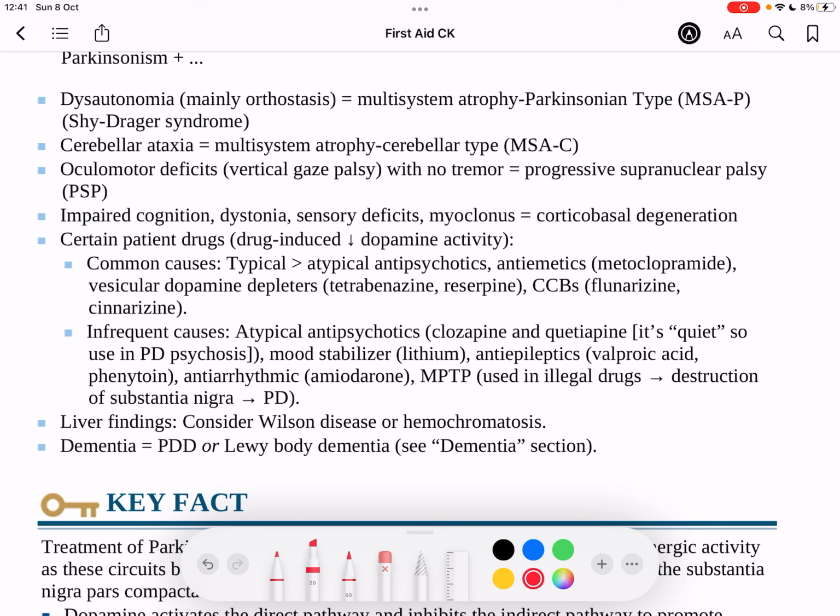So we have something called multiple systems atrophy, which is MSA. We've got two different types. The MSA-P is the Parkinson's type, and then the MSA-C is the cerebellar type.